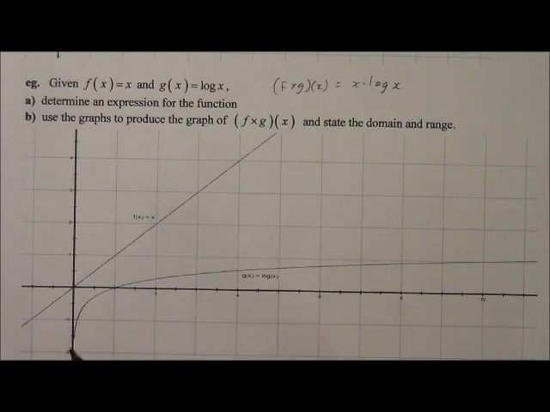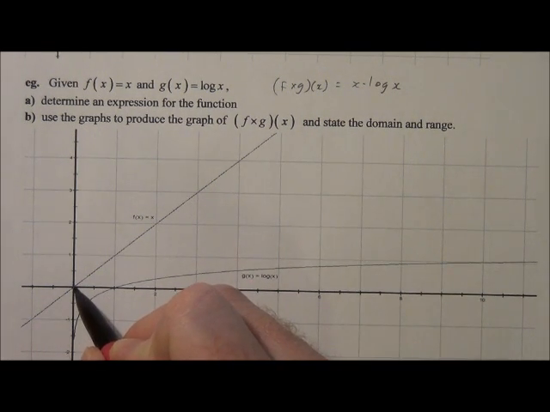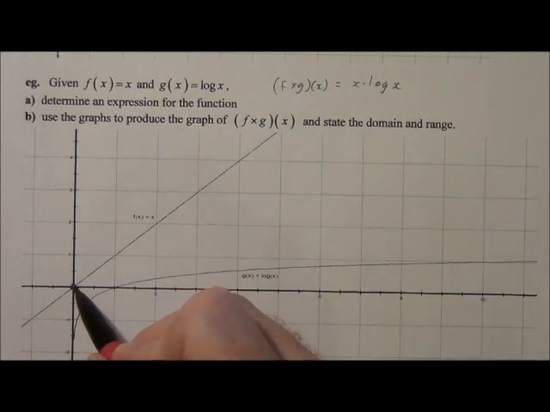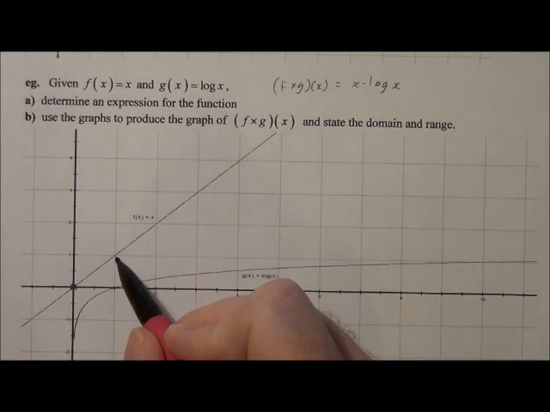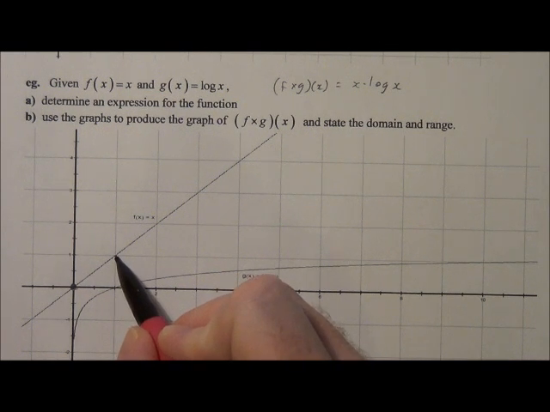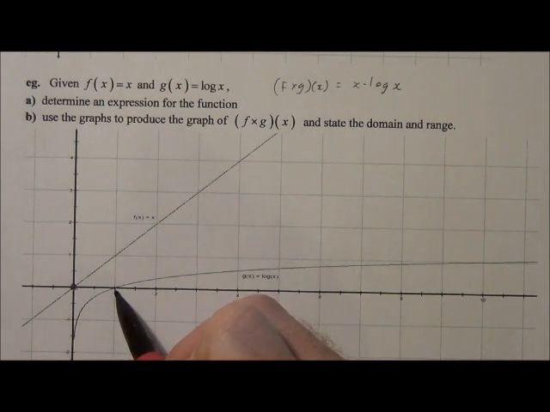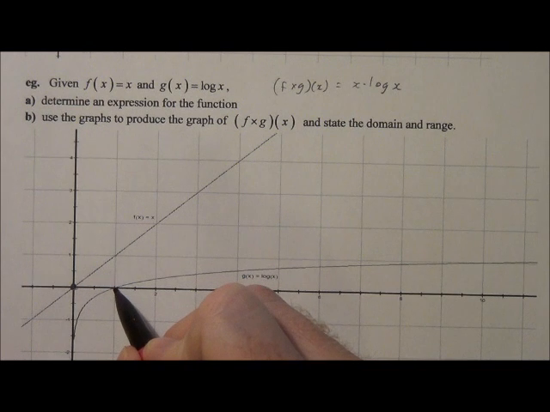Log x has a vertical asymptote at x equals 0. So when you multiply anything times 0, we're still going to get a 0 here. Then we got a y value of 1 there and a y value of 0 for the log function, so it's going to be another 0 there.